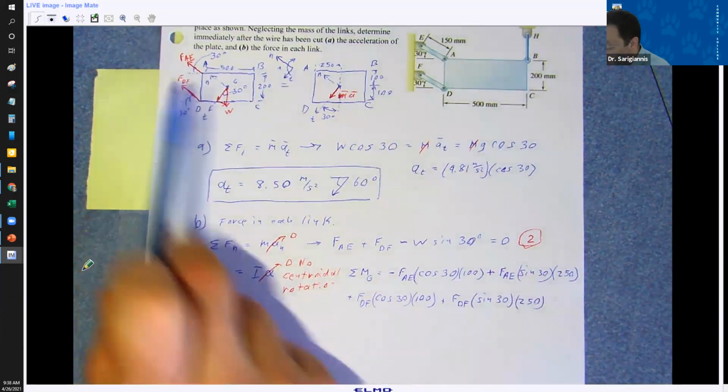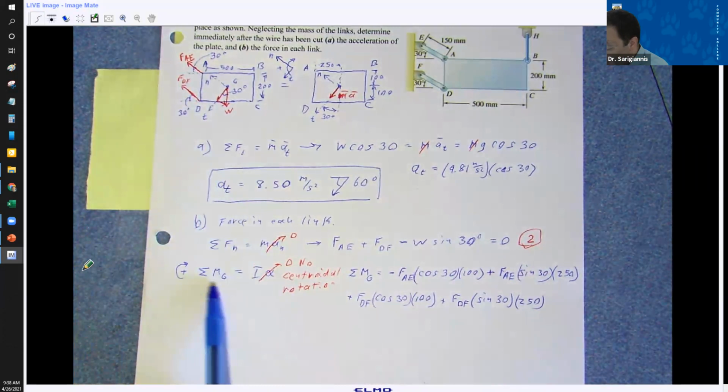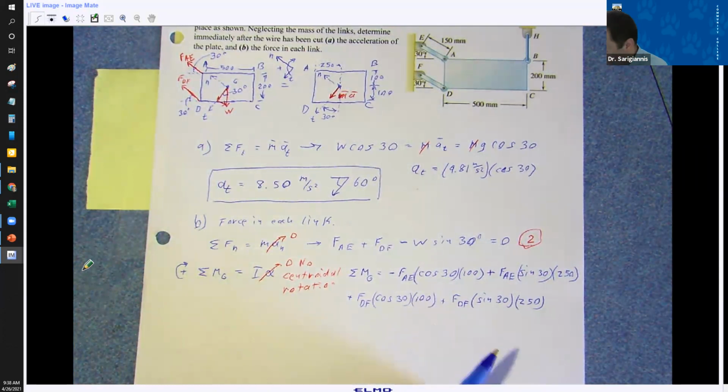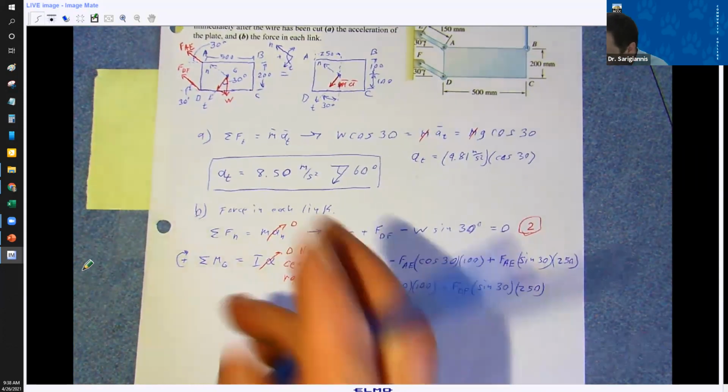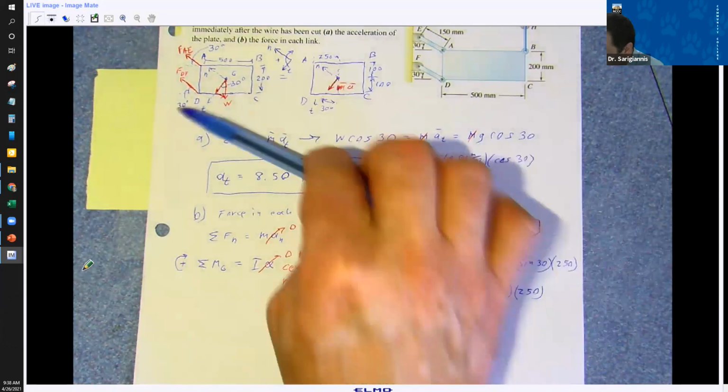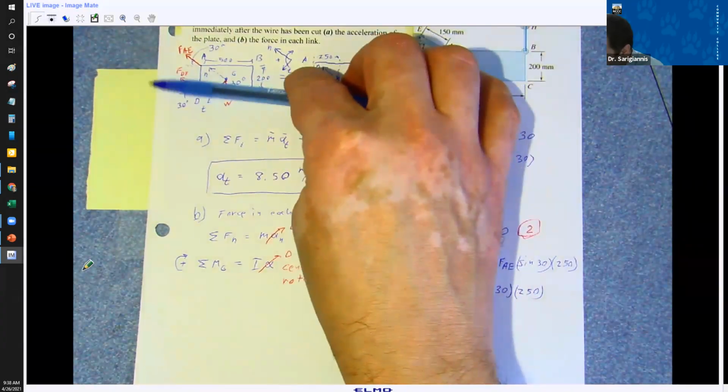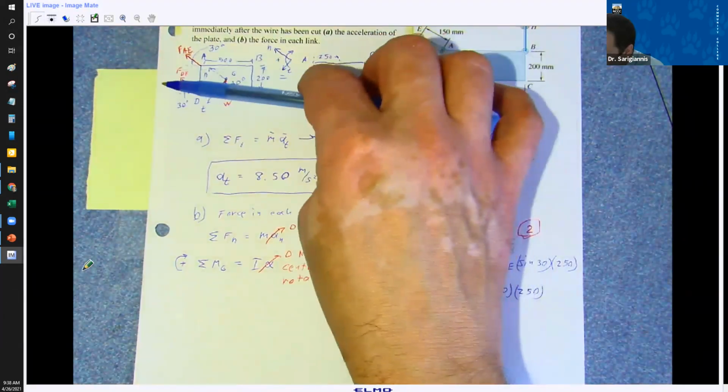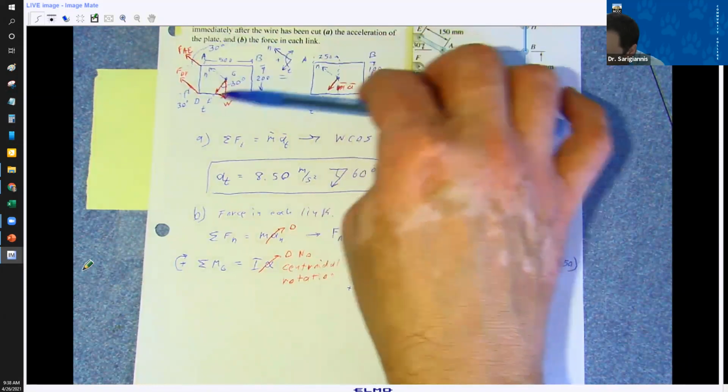Right. So these are all moments about G. So watch your signs. I actually started to confuse myself for a minute because I chose the opposite direction, so I was thinking the opposite way that I normally think. But that's, well, the way I normally think, right?